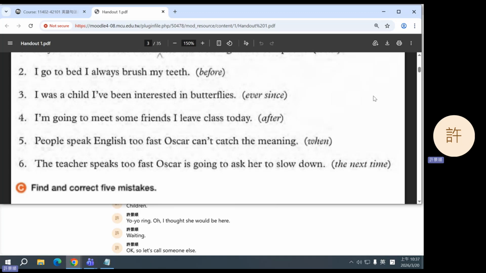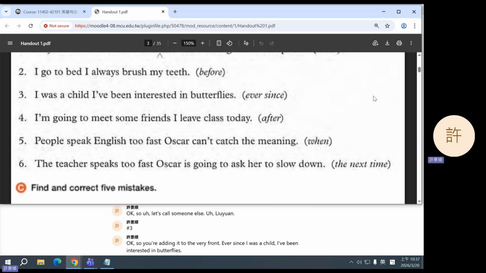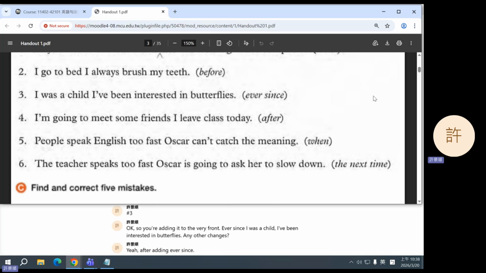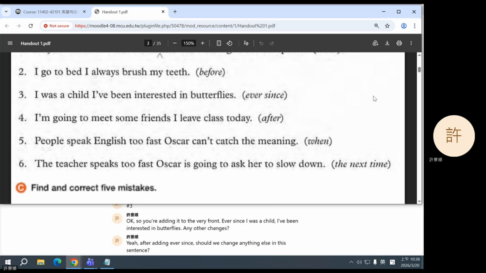Liu Yuan, number 3. Okay, so you're adding it to the very front. Ever since I was a child, I've been interested in butterflies. Any other changes? Yeah, after adding ever since, should we change anything else in this sentence?